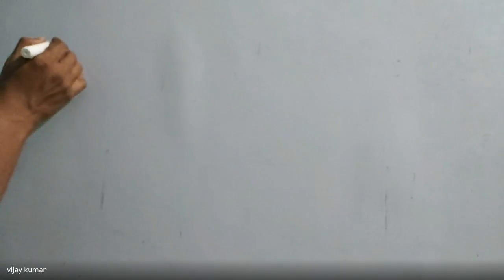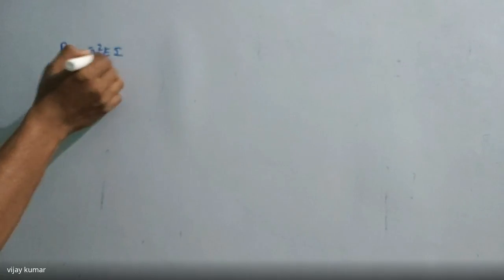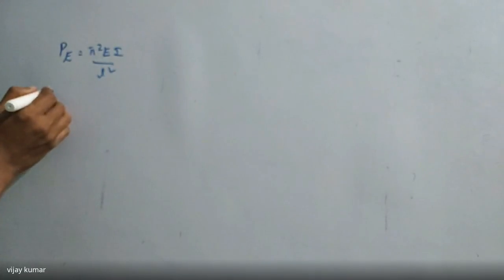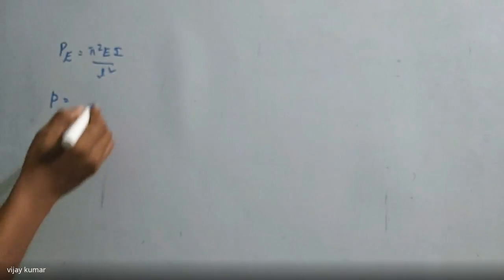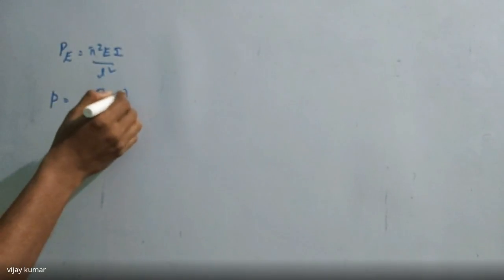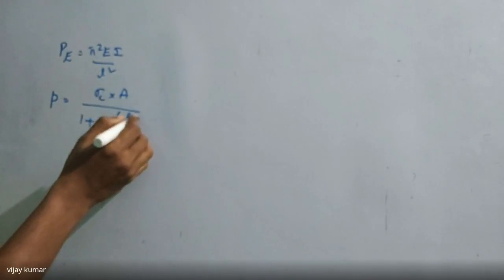Right. Now, these are the formulas. P is equal to pi square into E into I divided by L square, and P Rankine's load is equal to sigma C into area divided by 1 plus A into L by K whole square.